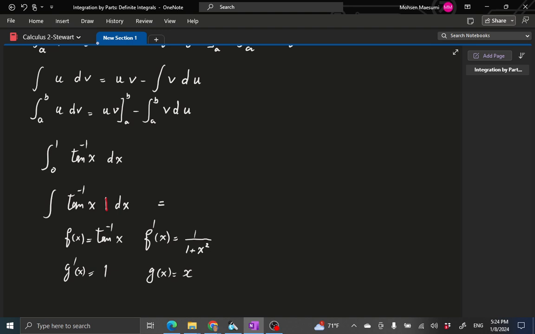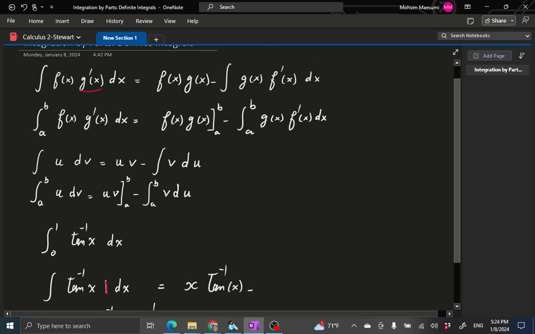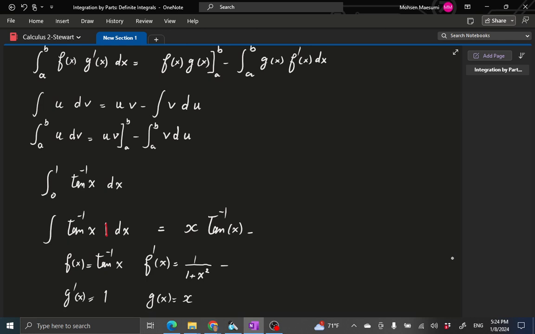So on the right hand side I have f times g. We write g first because there's a simpler function, tangent inverse of x, minus g f prime. So remember, g f prime shows up on the right hand side. So minus g, which is x, f prime is 1 over 1 plus x squared, then dx.